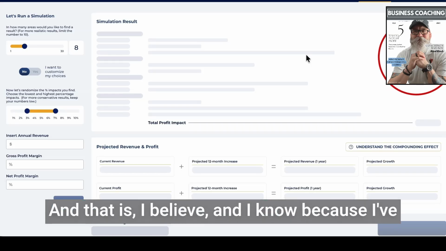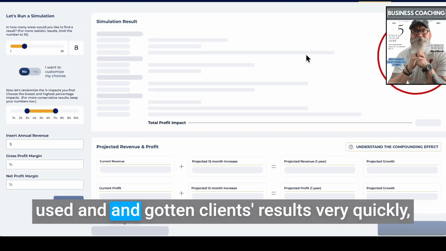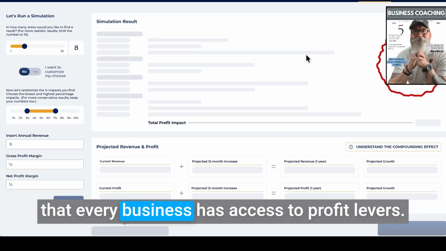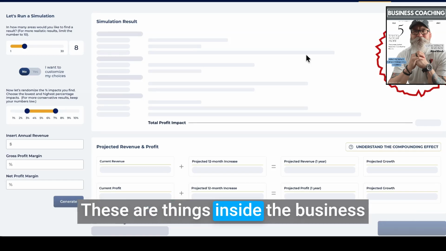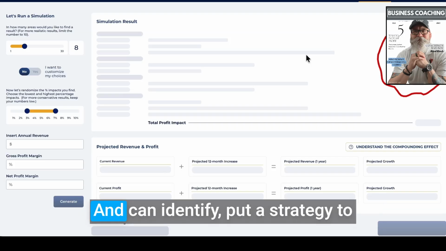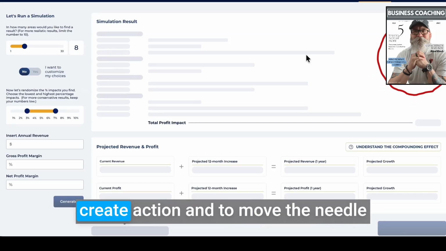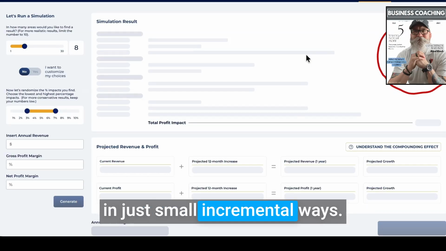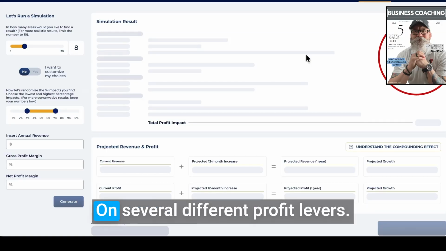And that is, I believe, and I know because I've used and gotten clients results very quickly, that every business has access to profit levers. These are things inside the business that the business owner has access to and can identify, put a strategy to create action, and to move the needle in just small incremental ways on several different profit levers.